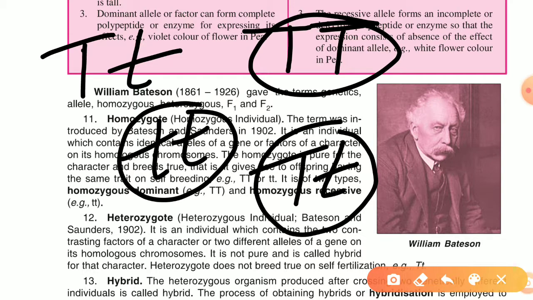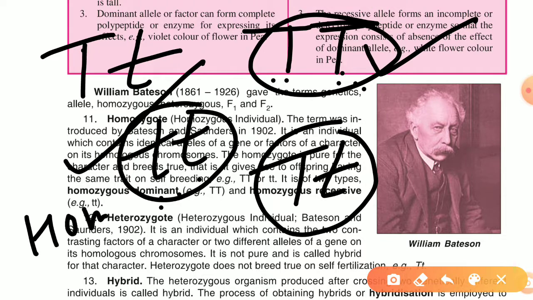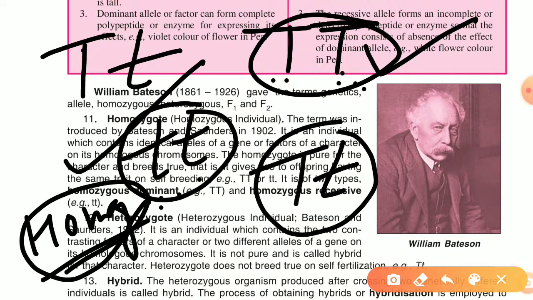ठीक है. This condition, when both the alleles of a gene are identical, then these kinds of organisms are called homozygous organisms. Homo means same. तो homozygous organism वो organism होते हैं in which both the alleles are same.